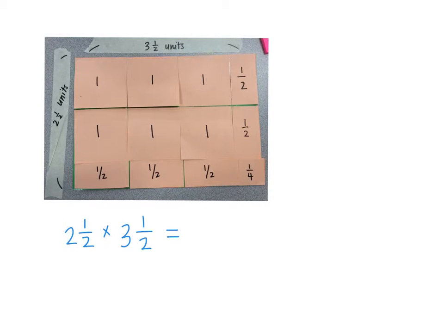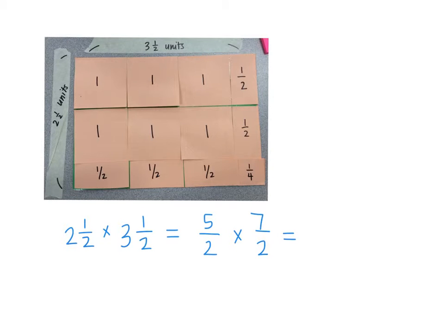2.5. How many halves does it take to make one whole? 2 halves. So if I have 2 wholes, how many halves is that? 4. So this 2 is the same as 4 halves, yes? But I add 1 more half, so how many halves do I have altogether? 5. Okay. How many halves are in 3 wholes? 6. Plus 1 is? 7. So I have 5 halves times 7 halves.